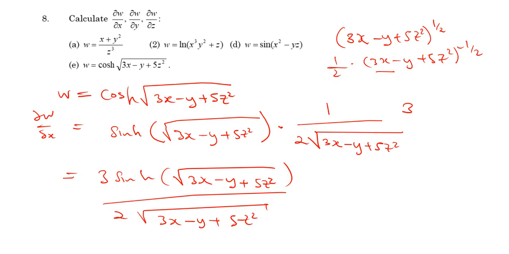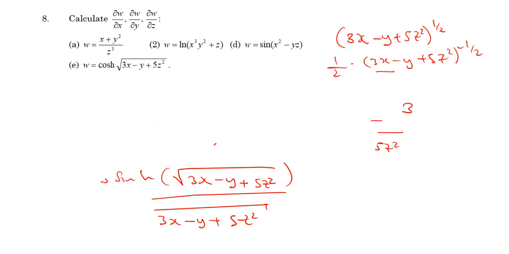Now notice that this part is going to be the same for every one of them. What is going to be different is the last part, which I'm differentiating, depending on what I'm differentiating with respect to. So for the next one, let me erase everything here.